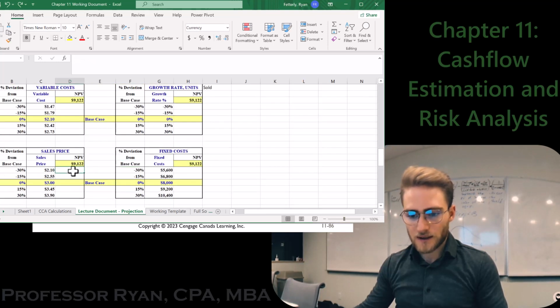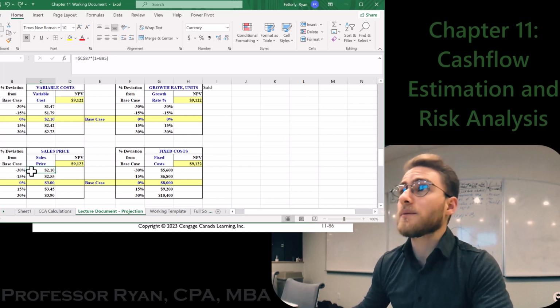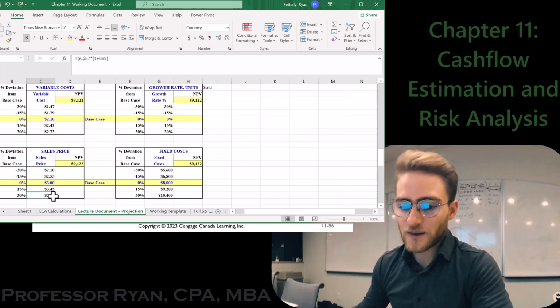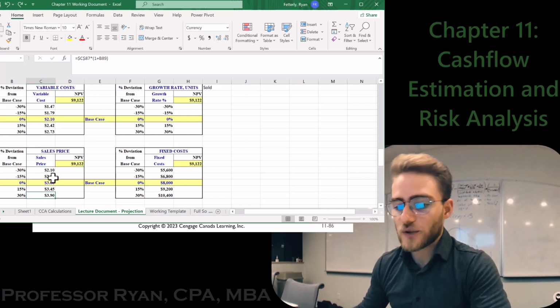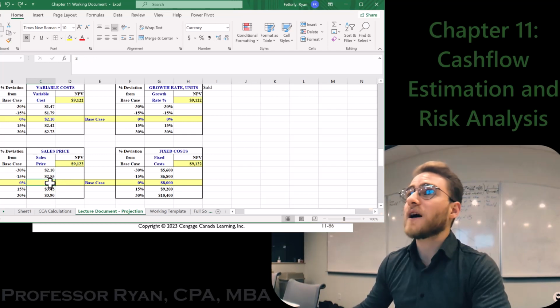No, let's do sales price. So this is what my sales price would be at a 30% decrease. This would be my sales price at 30% increase. This would be my sales price at 15% decrease. This would be sales price at 15% increase, right? And then here's my base value of $3. Here is my base NPV if my sales price is $3.